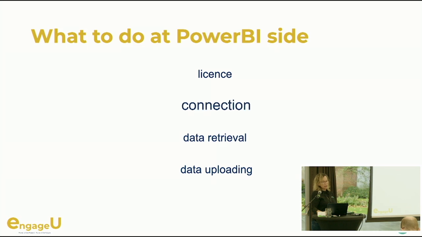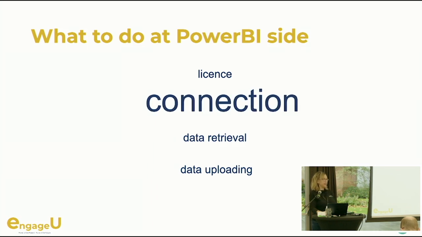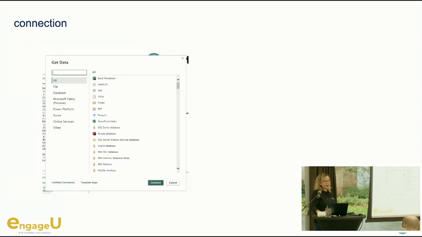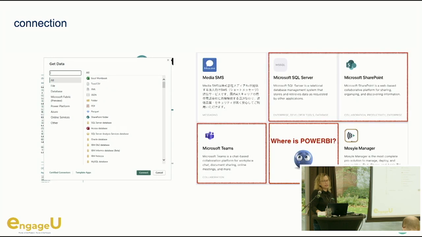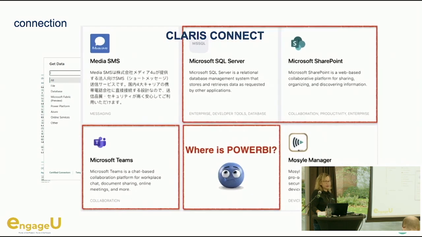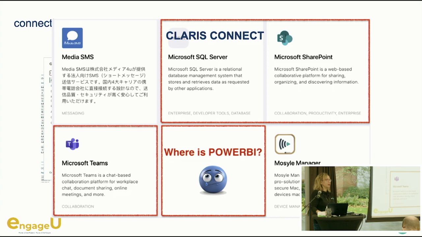And the connection is the main thing we are here to talk about. We will always try to make the connection through the API, and I'll talk later about how that is not always possible. In Power BI, we won't find a direct FileMaker connector, and in FileMaker Claris Connect, we won't have a Power BI connector.